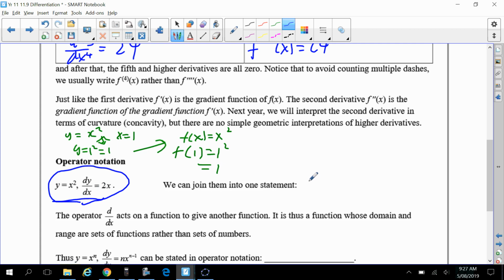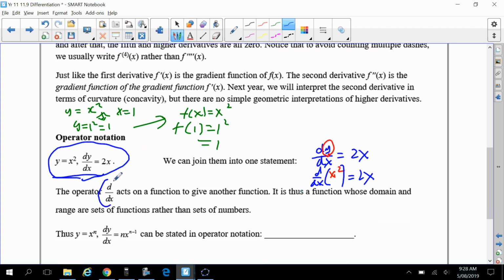But now watch this. dy on dx, we have no doubt, is 2x, right? The derivative of x squared is 2x. And then what if I change the y into x squared? Well, you can do that, and the new notation is born. That d on dx means differentiate. That thing is like a verb, differentiate. It is a function whose domain and range are sets of functions.